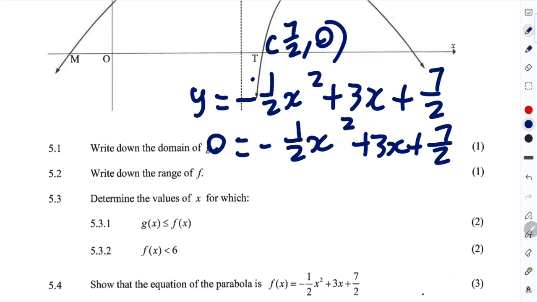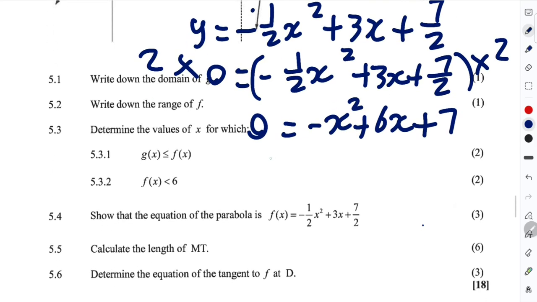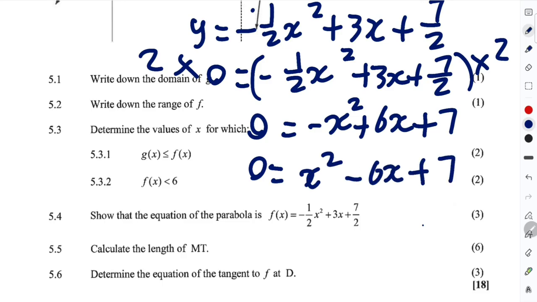We want to destroy the fraction, so we multiply everything by 2, and whatever we do on the left we do on the right. 2 multiplied by 0 is 0, equal to negative x squared, 2 times 3 is 6x, plus 7. If we divide by negative, this is 0 equal to x squared minus 6x minus 7.